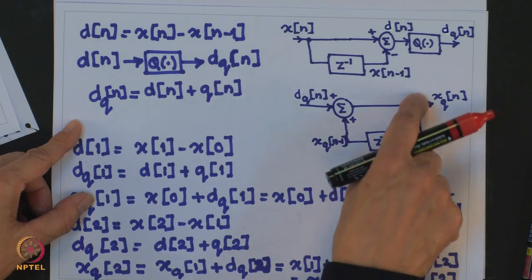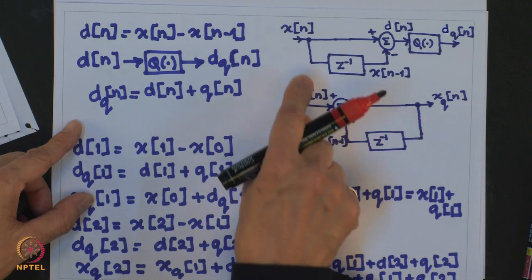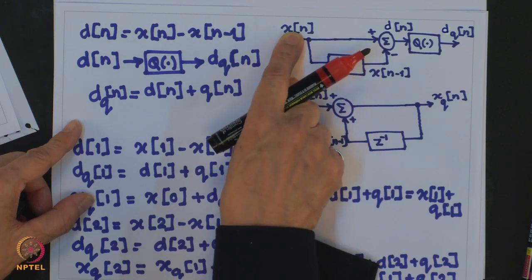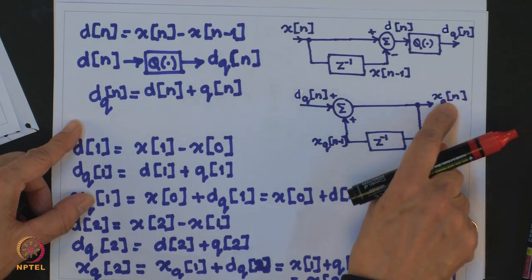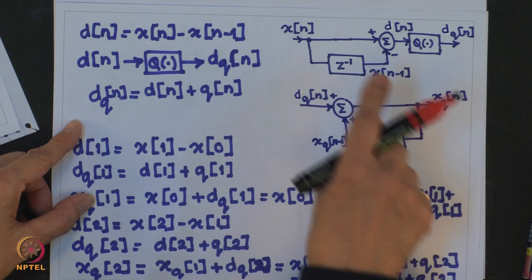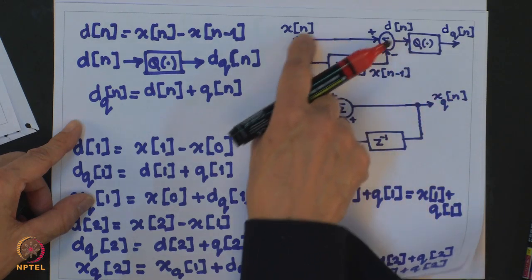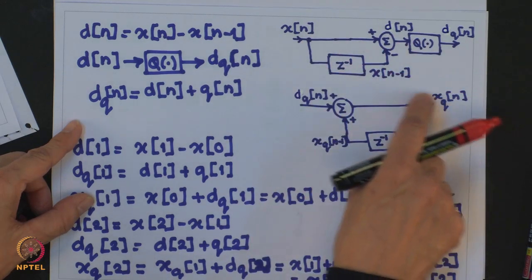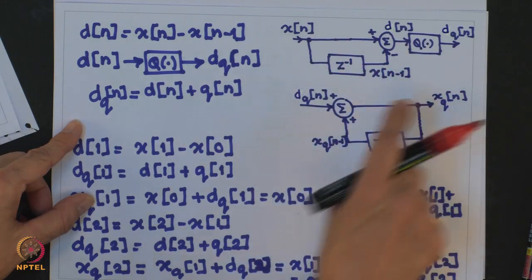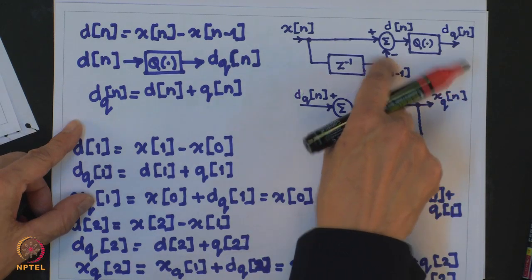Now, remember, the only information available at the receiver about the sequence xn is the reconstructed sequence xqn. Now, as this information is also available at the transmitter end, we can modify this differencing operation to use the reconstructed value of the previous sample instead of using the previous sample itself.